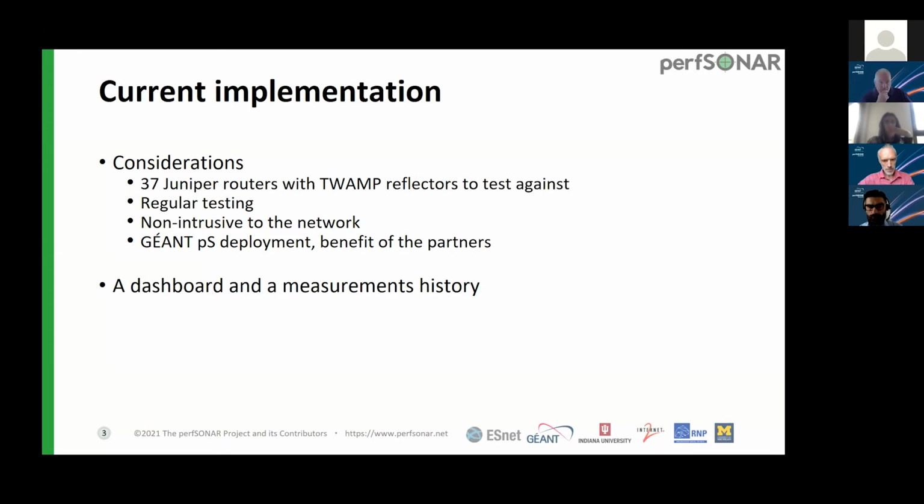And then we needed to have a dashboard with measurement history.